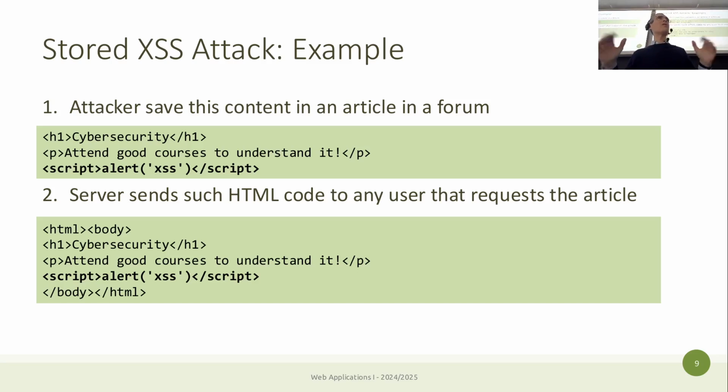So before storing the information, somebody has to check if this dangerous set of text, like scripts and so on, and dangerous attributes are present. And in that case, decide what to do: reject the insertion, or maybe just delete the part that is deemed dangerous, and so on. Okay.